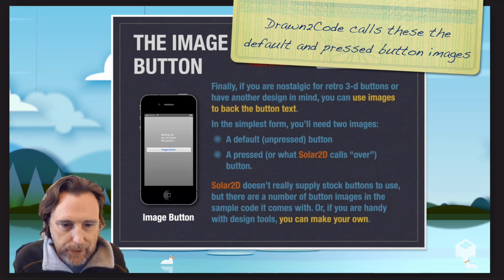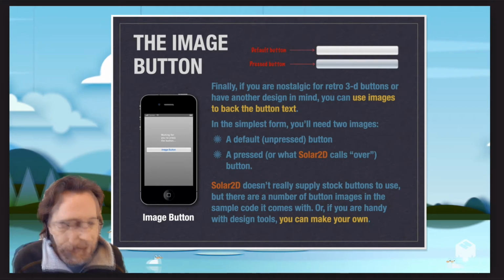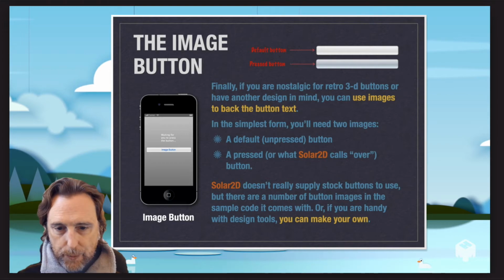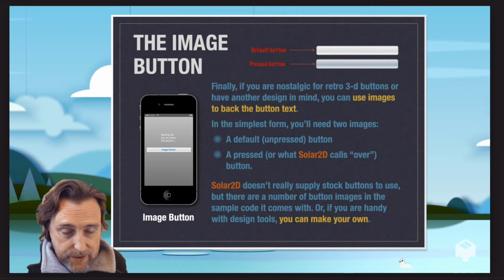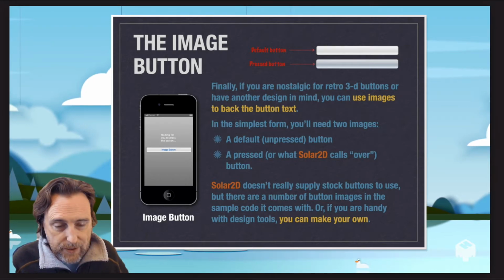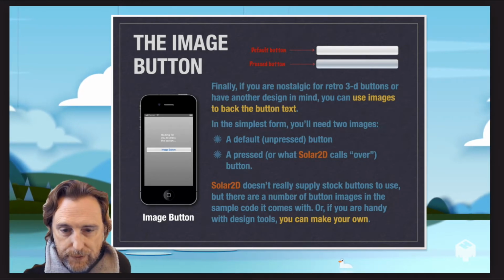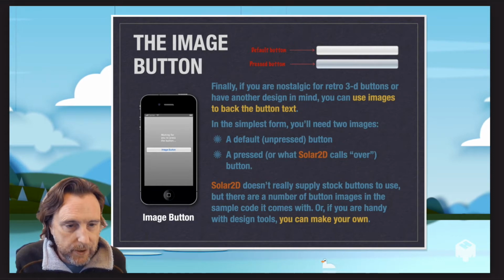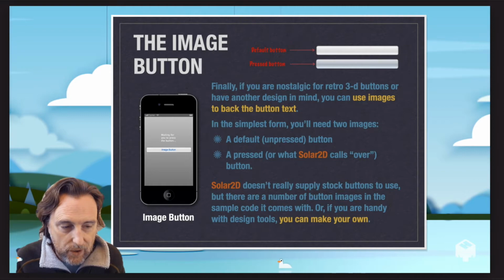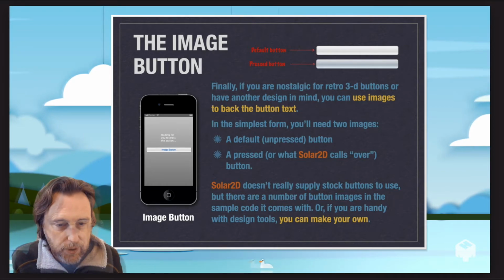So default and pressed. And the other issue, maybe small issue, is that Solar 2D doesn't really come with a stock supply of buttons to use. There are a lot of buttons, though, in the download in Solar 2D if you look in the sample code it comes with. So if you scan through that, you'll find a number of apps that have buttons, and all of those images are completely usable for your project.